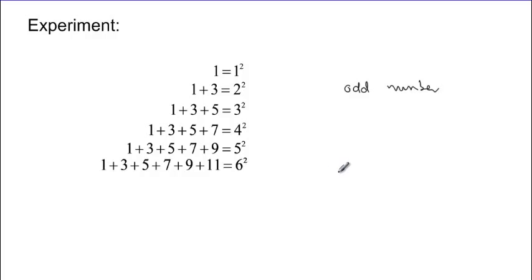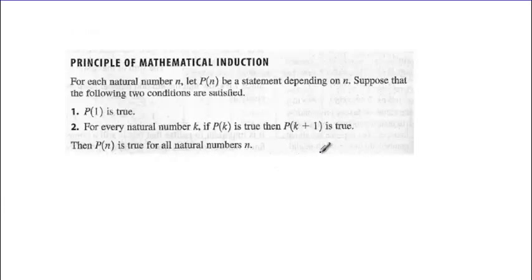Now, the principle of mathematical induction is a kind of theorem. It's stated this way. For each natural number n, a statement about natural numbers, which we write as Pn, is made, and we suppose that the following two are true.